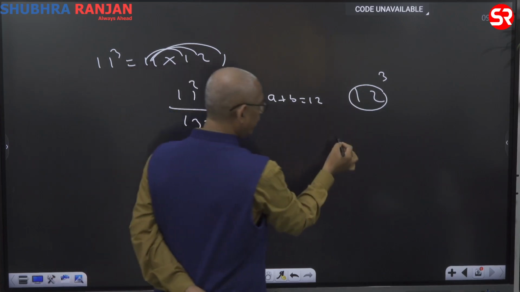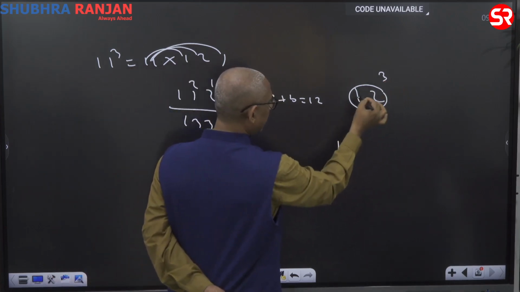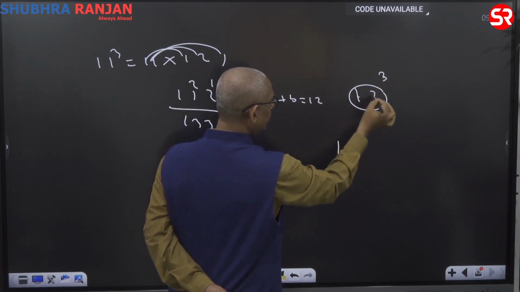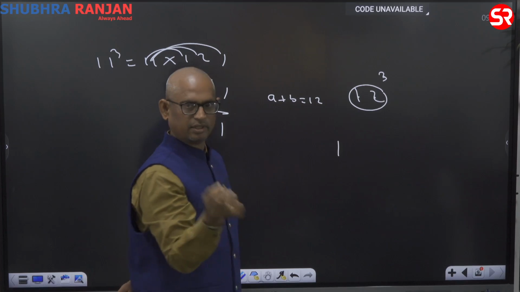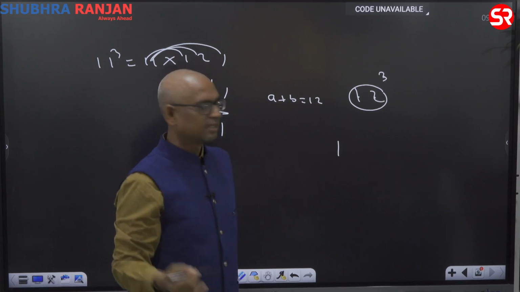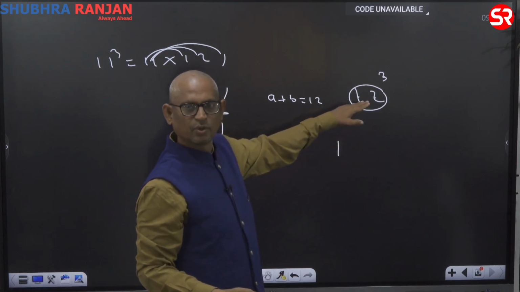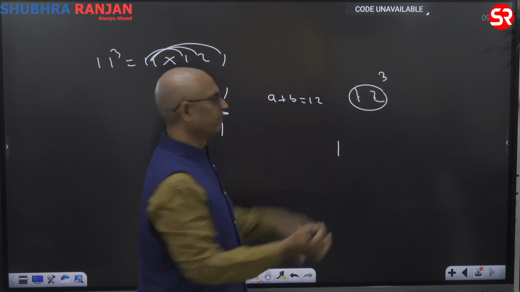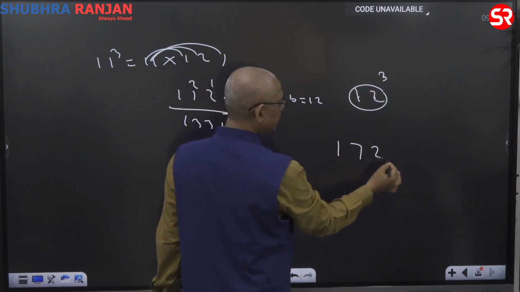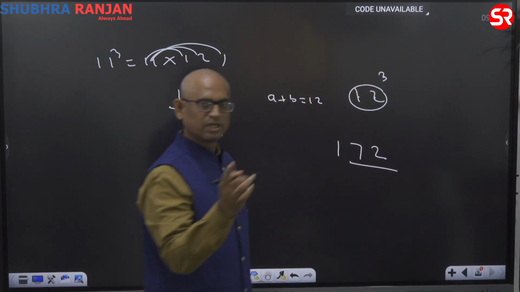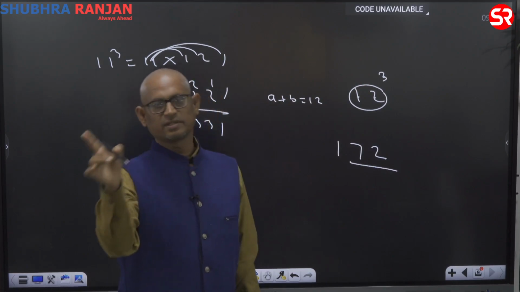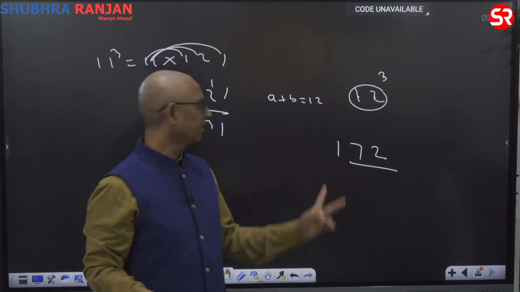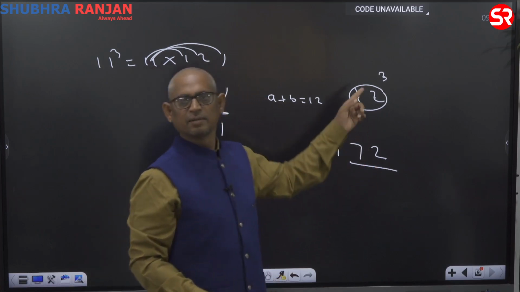So a cube, then 3ab: 3 into 1 into 2 is how much? 6. A plus b is how much? 12. 12 6s are 72. That is 3ab into a plus b. Why are we taking two digits? One is for 3a square b, another is for 3ab square. There are two terms, that's why we are taking two digits. And then b cubed, 8.